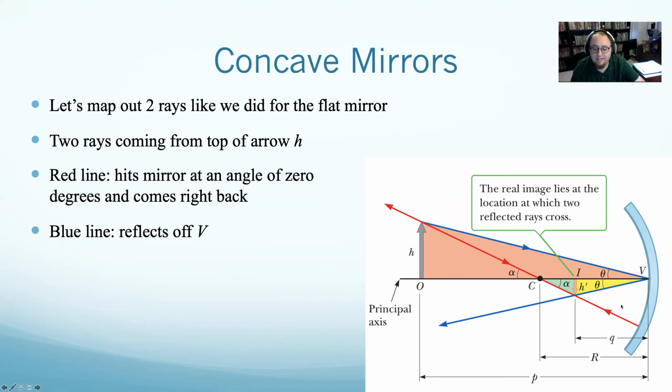Wherever these two lines meet, that will be where my image is. I'm going to define that as I right now for this moment. Where those meet will form the image. This is on the same side of the mirror as the object, so it's a real image. Wherever they meet, I can draw a new arrow to represent my image.